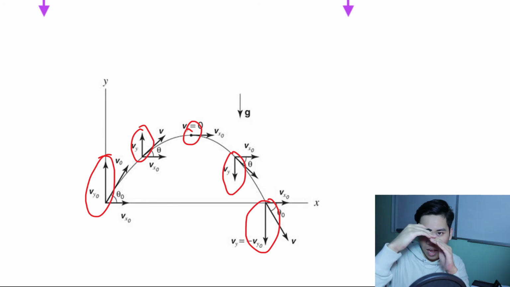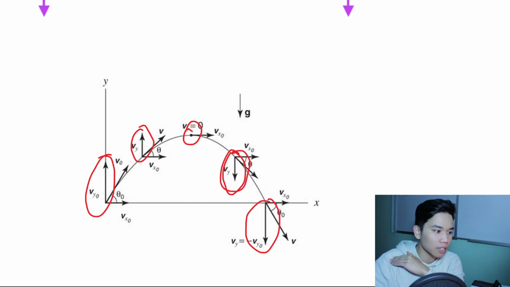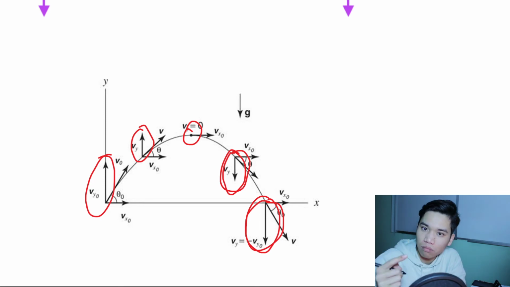And then after the max height, you can see the vector grow in size, and that is gravity accelerating it. It's picking up speed like we were talking about before. For every second it falls, it gains that 9.8 meters per second of velocity. And there's a clear correlation between what we're seeing here and what we established earlier with the acceleration.